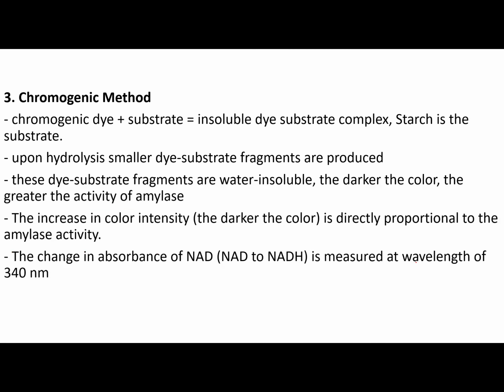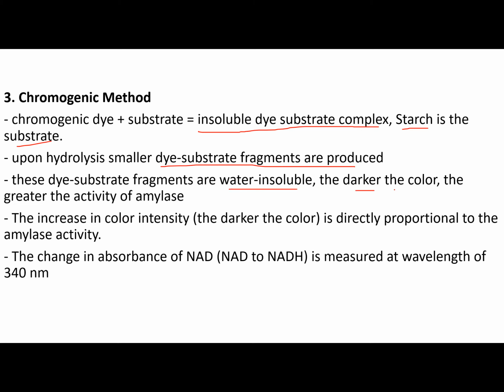Then we have your chromogenic method. In the chromogenic method, you would be using a chromogenic dye plus the substrate forming a so-called insoluble dye-substrate complex. Again, starch is the substrate. Upon hydrolysis, smaller dye-substrate fragments are produced. These fragments are water-insoluble, class.